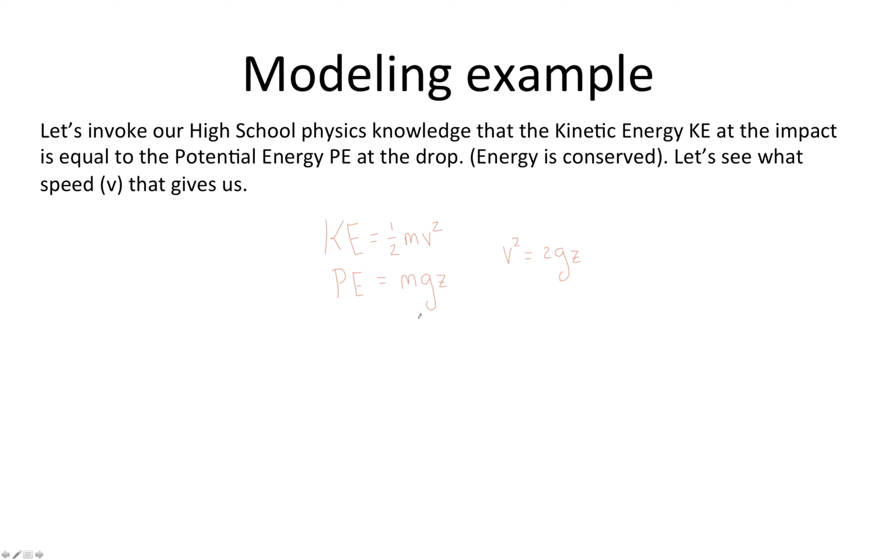Or if we put in for gravity 9.8 meters per second squared and height 10,000 meters, and we take the square root to find velocity, we'll find that v is equal to approximately 440 meters per second.